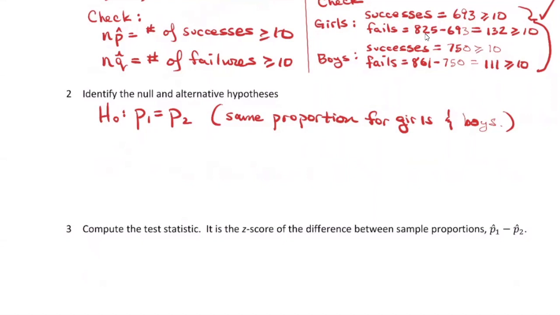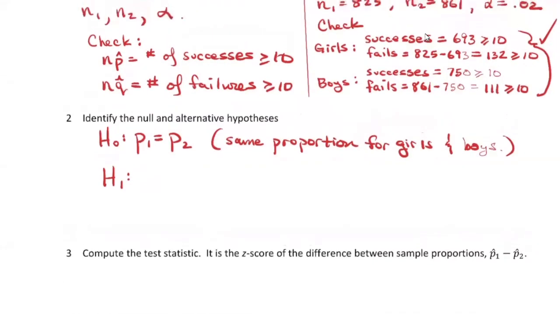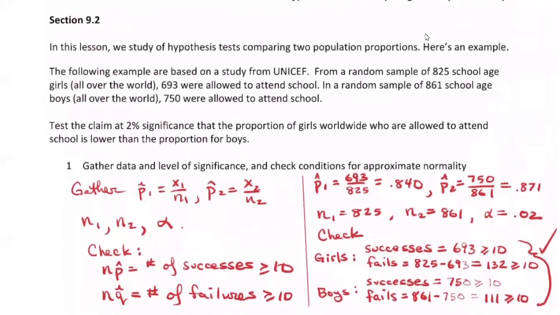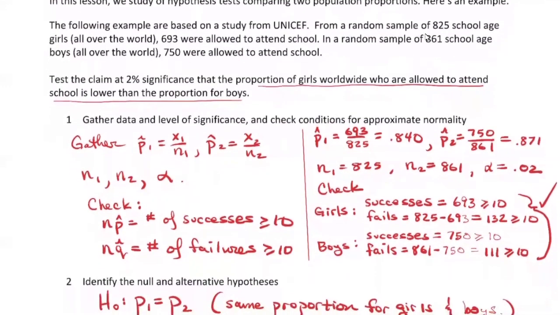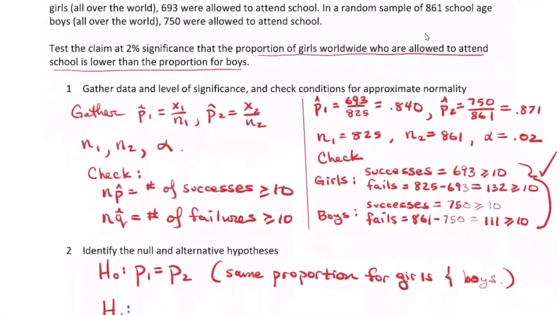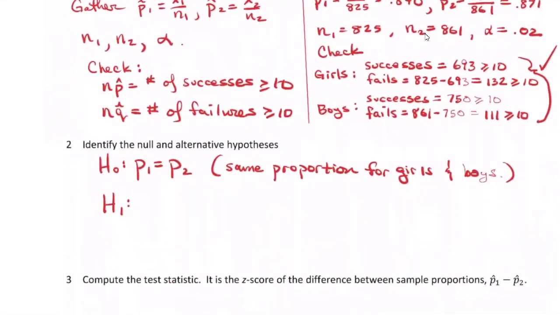Okay, and then the alternative hypothesis is going to be one of the three, right? So you're going to do less than, greater than, or not equal. And what do you think here? It says the proportion of girls worldwide who are allowed to attend school is lower than the proportion for boys. Any questions? Lower. So they're saying that for the girls, the proportion is lower than the proportion of boys who get to go to school.